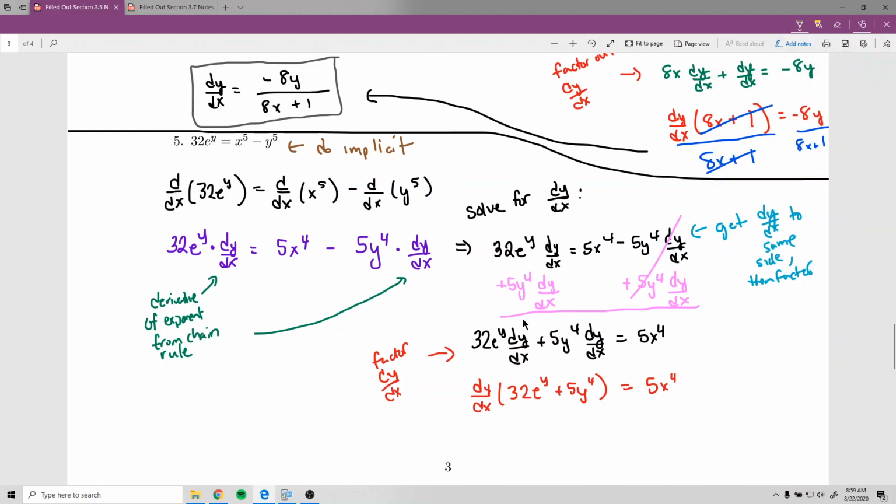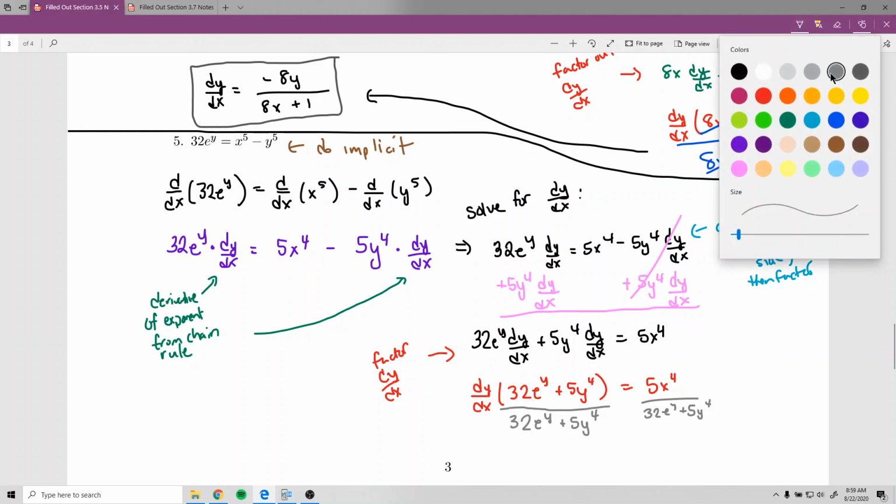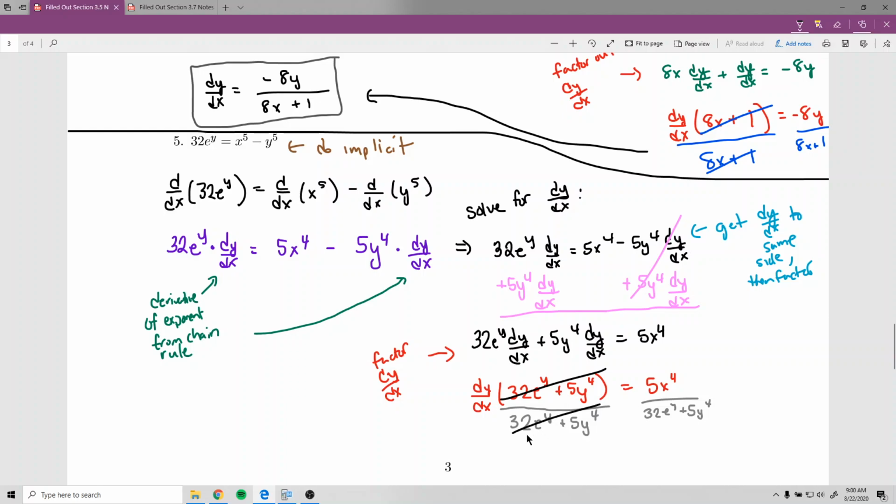Then we divide each side by 32 e to the y plus 5y to the fourth. And then we can knock these things out and we get dy over dx. Our formula is 5x to the fourth over 32e to the y plus 5y to the fourth. So we can do it like that.